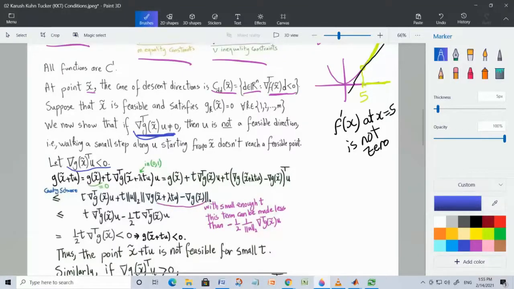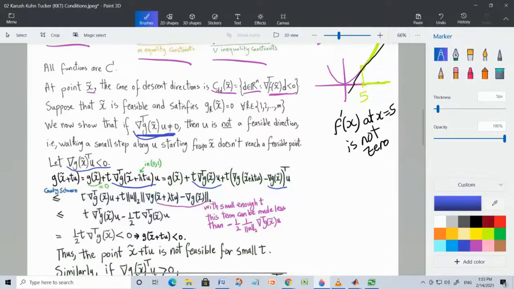Okay? Then g of x tilde plus tu, again by Taylor, is g of x tilde plus this term here. Then like on the previous slide, we add and subtract this term, and then Cauchy-Schwarz again.